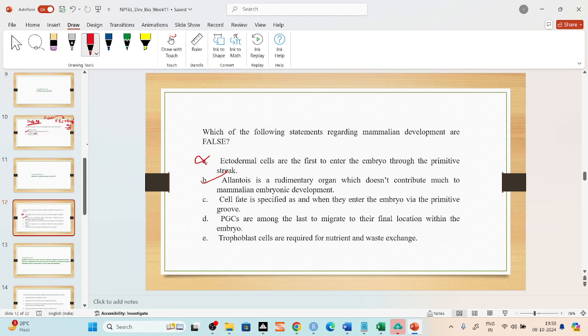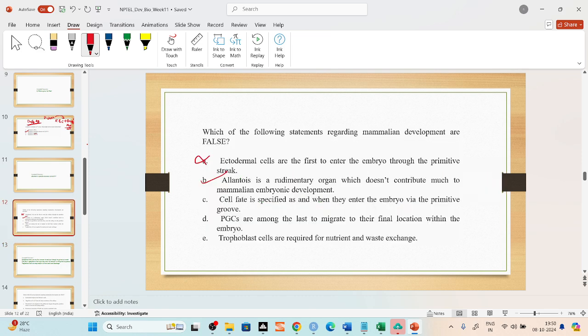Cell fate is specified gradually through signaling interactions and migrations also. So initial fate decisions are influenced, but it is not fully determined. Therefore this option is also false.